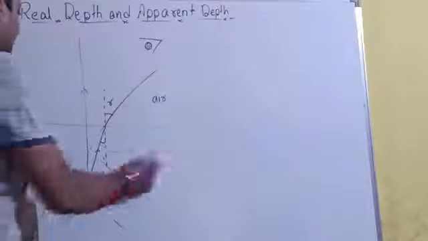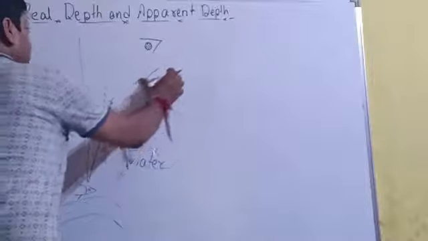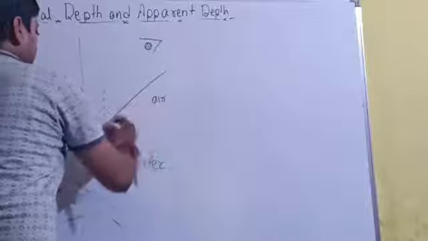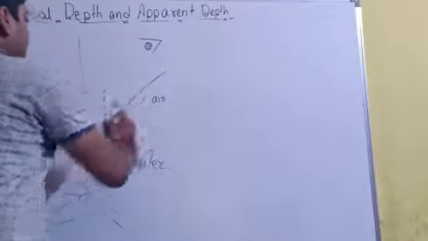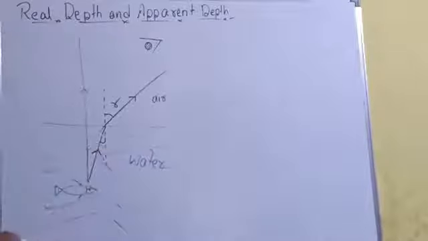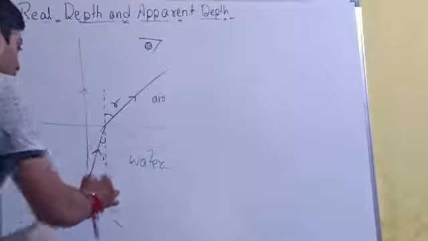So it is bending away from the normal like this. So this is your refracted ray, this is your incident ray, and this is your angle of incidence.